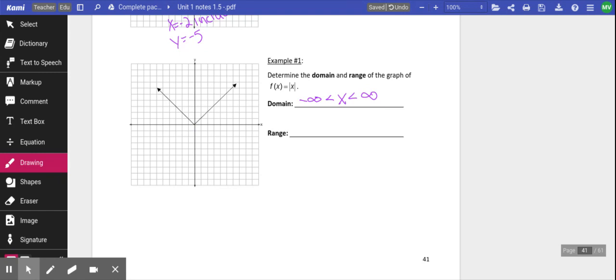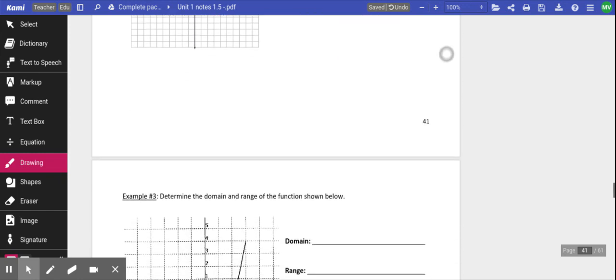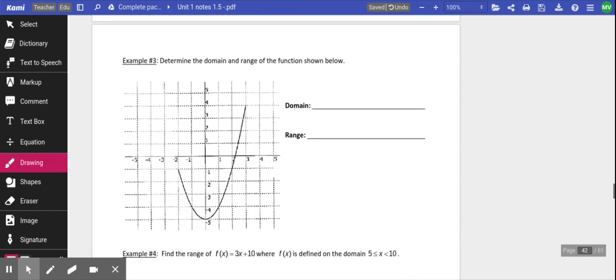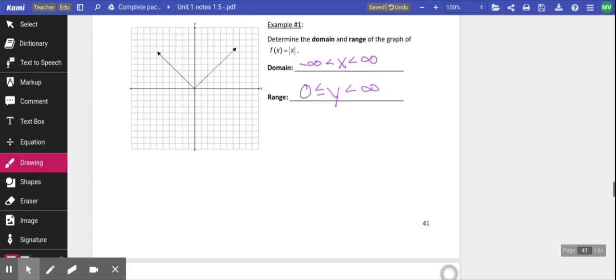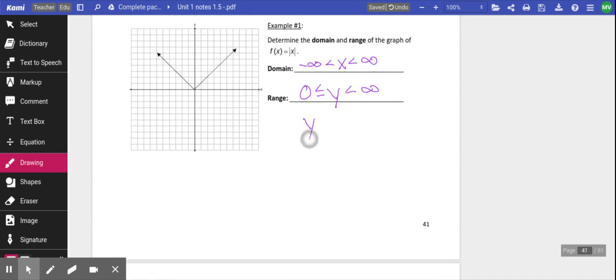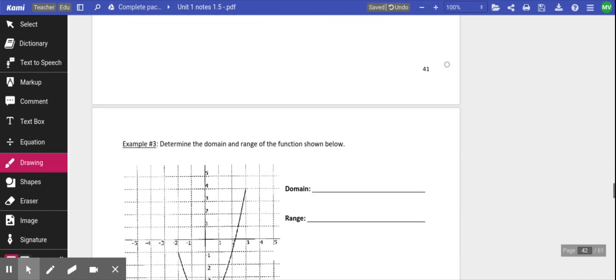So that means I'm going to say 0 is less than or equal to y is less than infinity, because it's never going to be negative. When I take the absolute value of x, I'm never going to get a negative answer. I could also say that this one is just y is greater than or equal to 0.